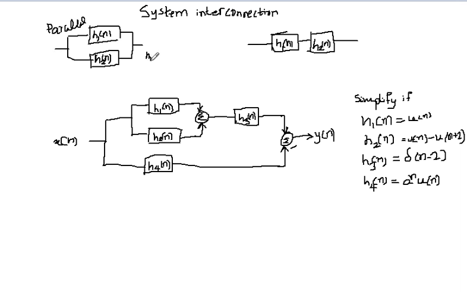It is h1 of n plus h2 of n. The effective solution, the simplified diagram of this one, is h1 of n plus h2 of n.